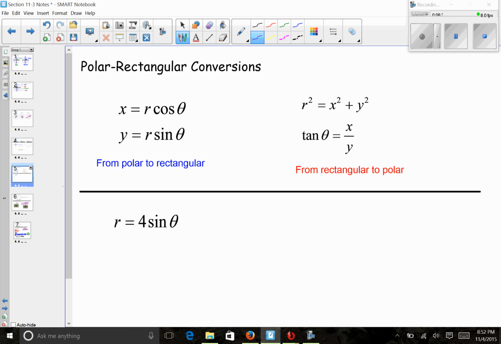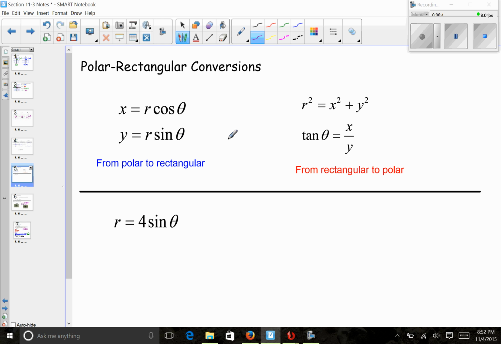Just real quick, making conversions: polar to rectangular, rectangular to polar. If you know what r is, you can get your rectangular by saying x is equal to whatever r is times cosine theta. y is whatever r is times sine theta.